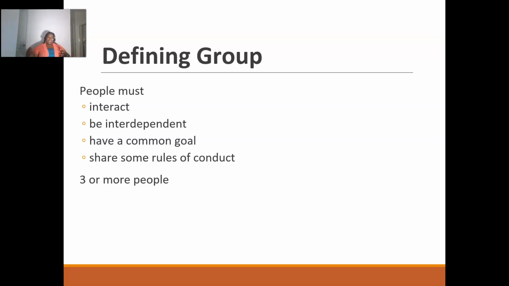And the more people you have, the more control you have to have over the group. The smaller the group is, there's advantages to that as well. So, the magic number for a more effective small group would be under 12.